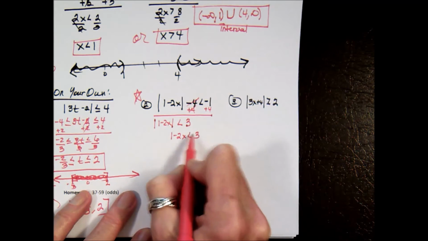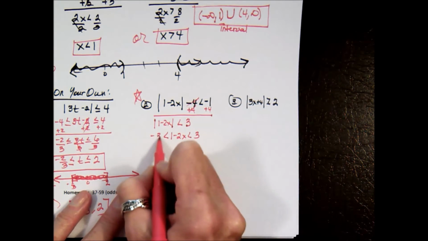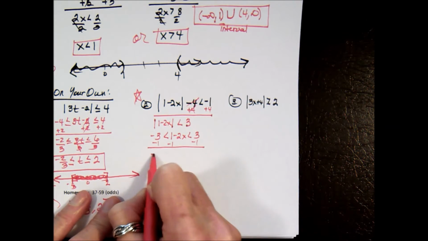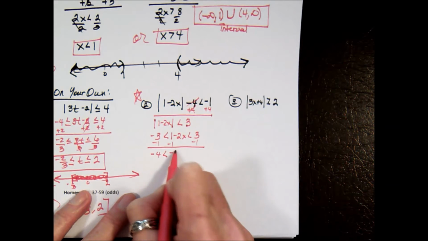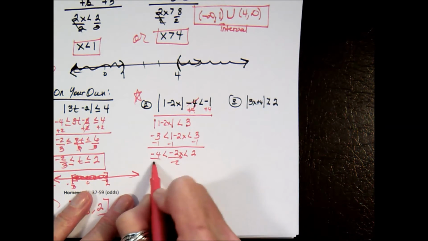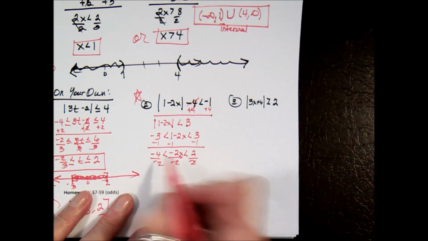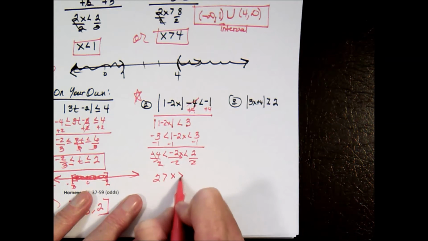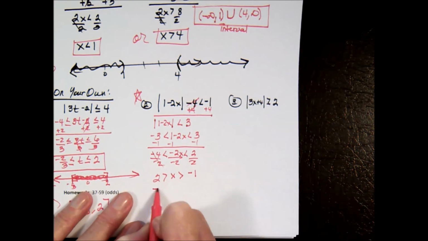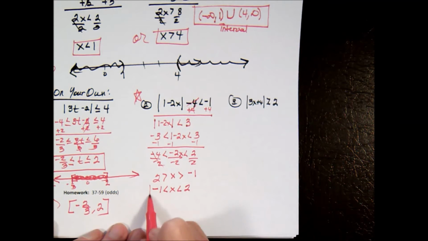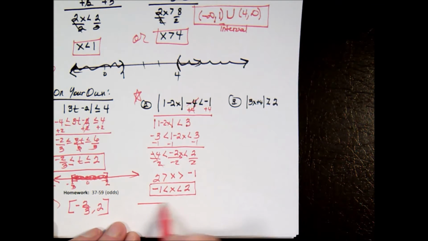I write the right-hand side, and then I do the left-hand side, and I solve. So we subtract a 1. Negative 4 is less than negative 2x is less than 2. We divide by a negative 2, which is going to cause the symbols to flip. And now I've got to turn the whole thing around because it came out backwards. So there it is as an inequality.